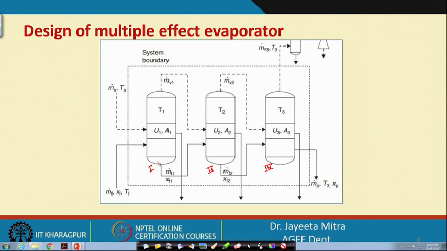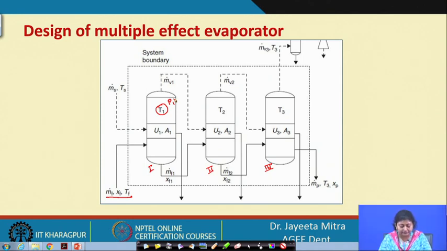So, we can observe that in the first effect the feed is entering, the mass flow rate of the feed is mf dot, xf is the concentration of solid in the feed stream, Tf is the temperature of feed, and that is entering the first effect. In the first effect the temperature is T1, this is the saturation vapor temperature or boiling temperature at the pressure, let us say P1, in the first effect.